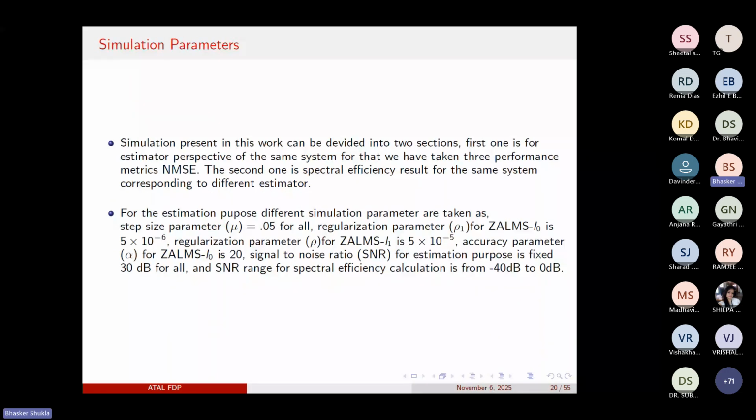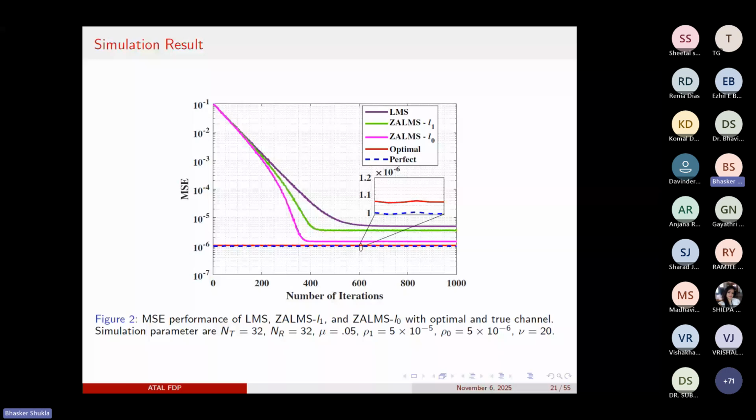So on the basis of those parameters, here is the simulation plot. Basically this blue one is the plot corresponding to the perfect channel, and here optimal means corresponding to Wiener filtering, the green color is corresponding to ZLMS L1, and violet is LMS, and here pink color is corresponding to ZLMS L0 norm.